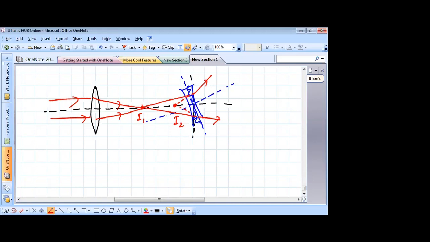And over there, if you want to calculate this distance now, from this point, let's say this one, that again will come from trigonometry.